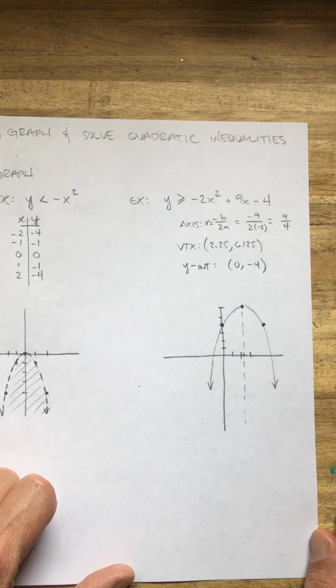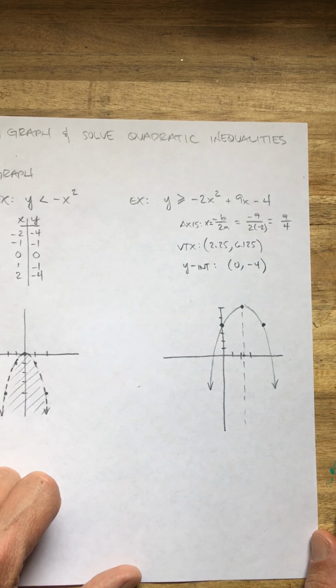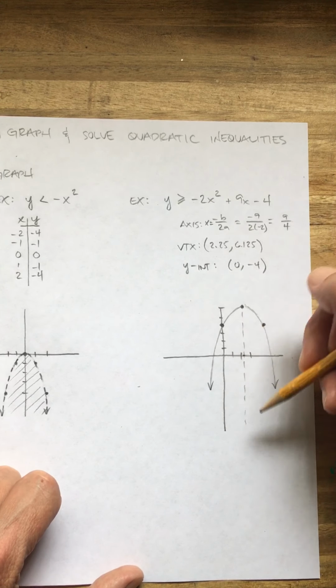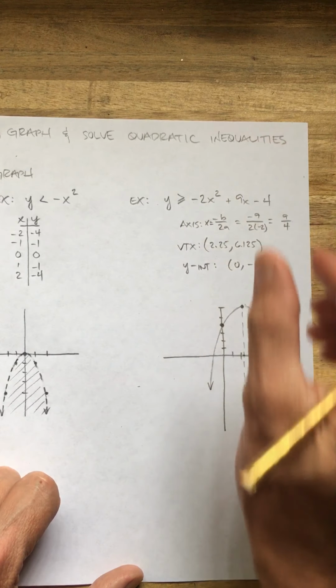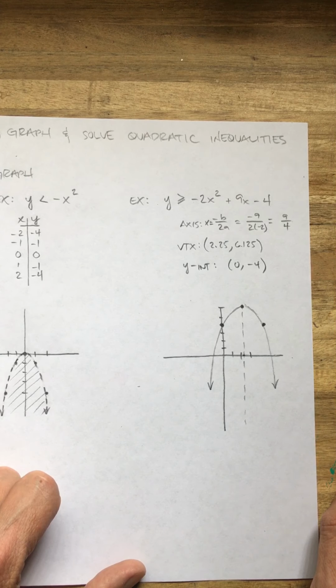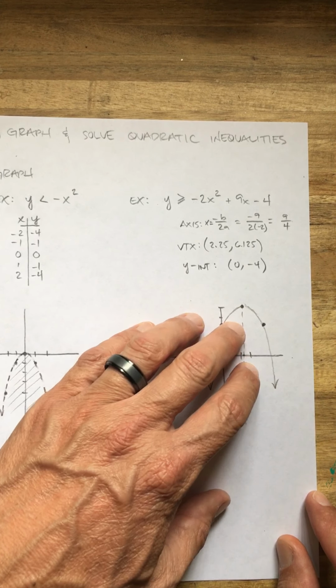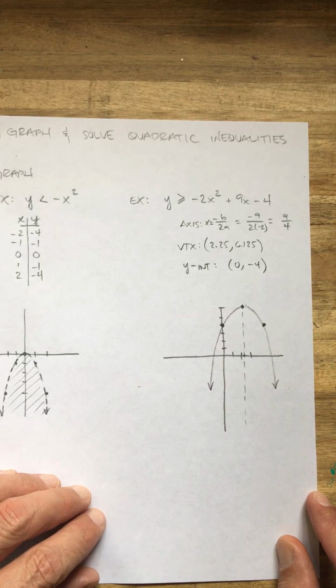I'm not going to record this video again. I noticed this negative means my graph is going down, and this 2 means it should be a very narrow graph. I'm not sure why it's not narrow, so I don't know what I did. But anyway, that's not the point. I'm not trying to teach you how to draw a parabola, but I really think I made a mistake.